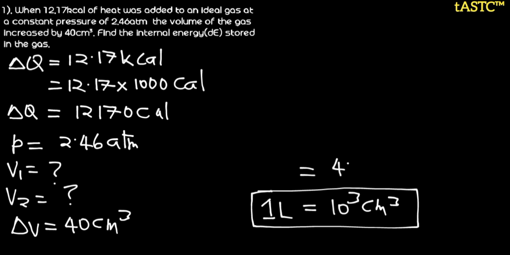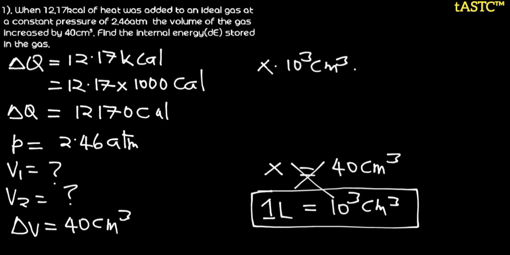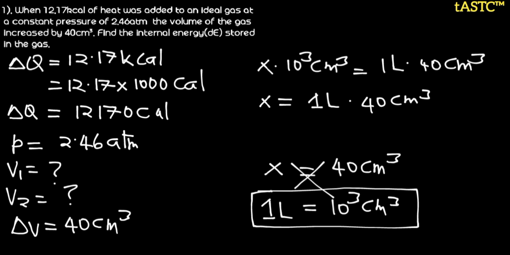So this is going to be 40, and you have the x. So we're going to cross multiply, and that will be x multiplied by 10 to the third cm to the third, and this is equal to 1 liter multiplied by 40 cm to the third. So to find the x, we need to take this to the other side, and that will be 1 liter multiplied by 40 cm to the third divided by 10 to the third cm to the third.